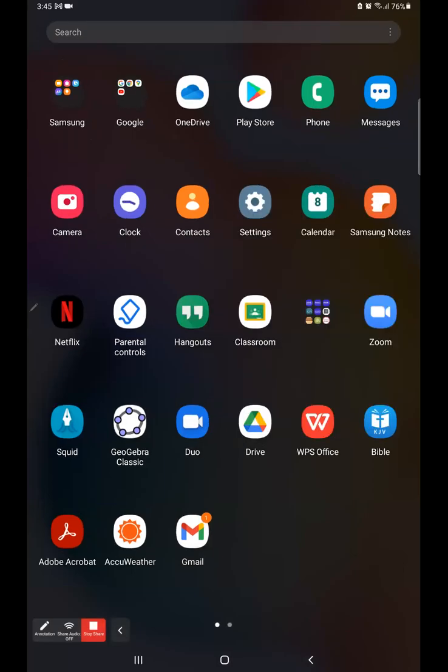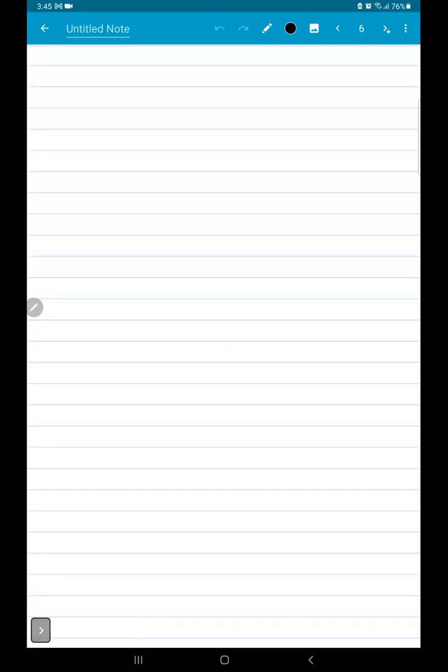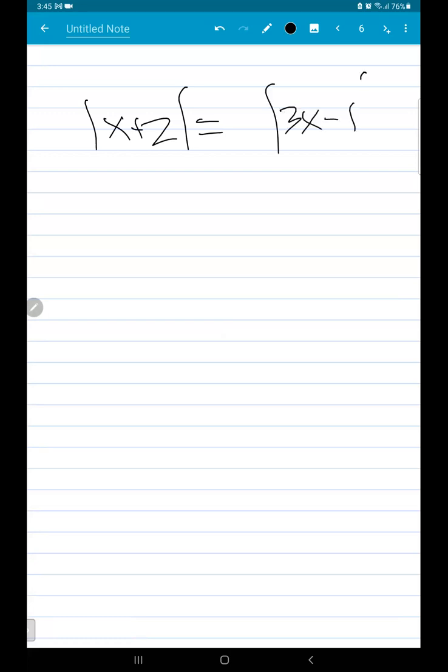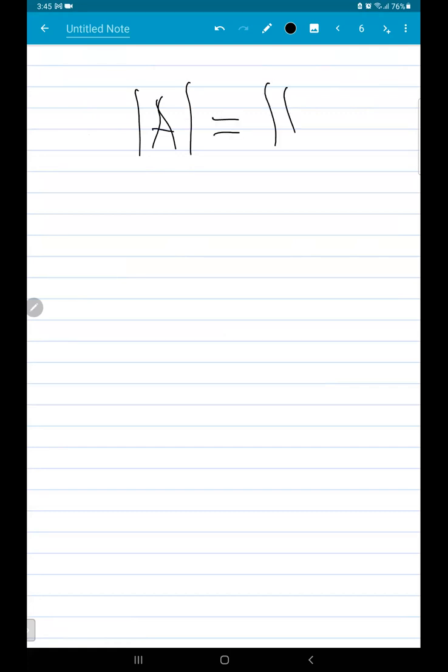Okay, for example, let's look at this. Suppose you're asked to solve this equation. It involves an absolute value. In general, one side contains an absolute value of an expression containing x, and so does the other side.